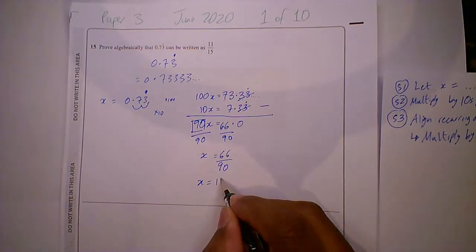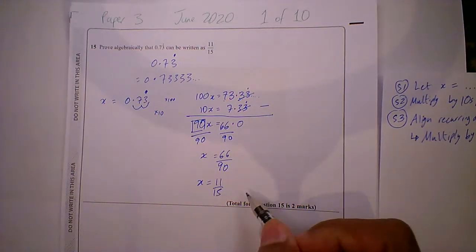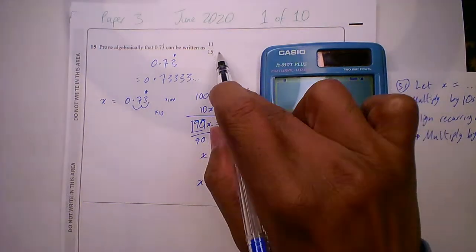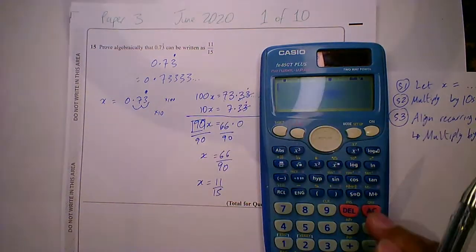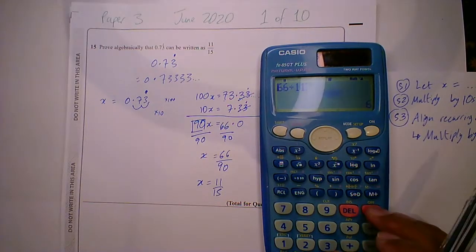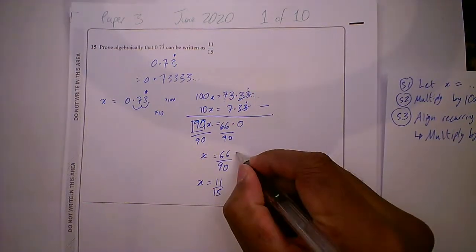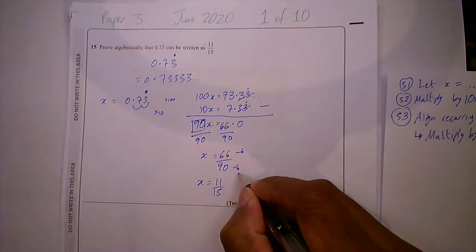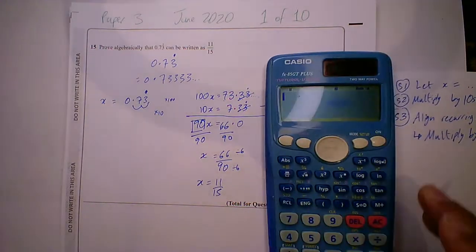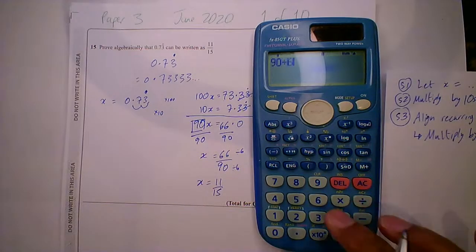Now that this is a calculator paper, the good thing is I can just see how do I go from 66 to 11. So I can just do 66 divided by 11 gives me 6. So I can just divide the top by 6, divide the bottom by 6, and I get that. So 11 over 15.